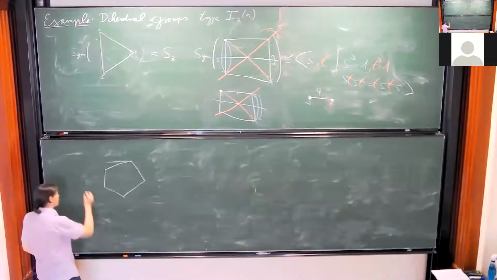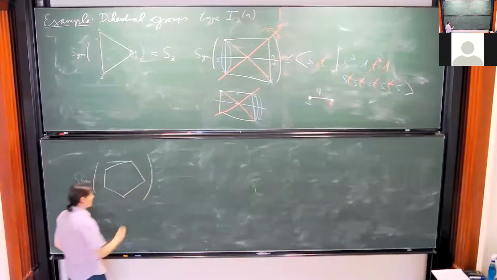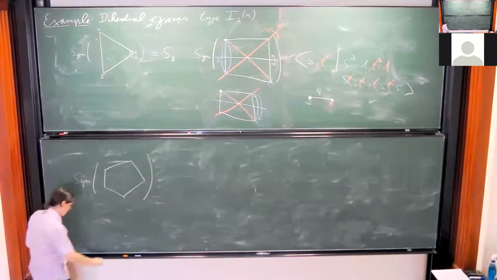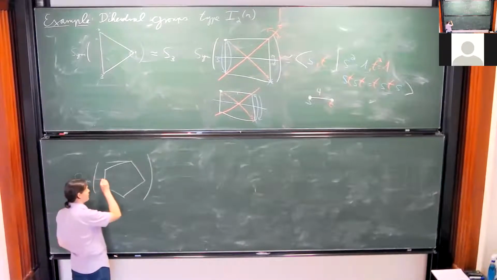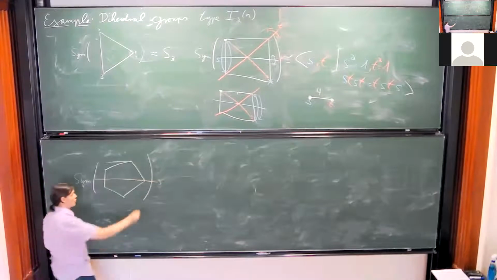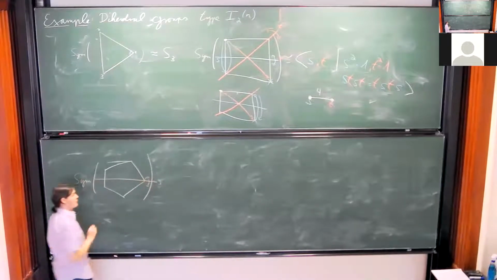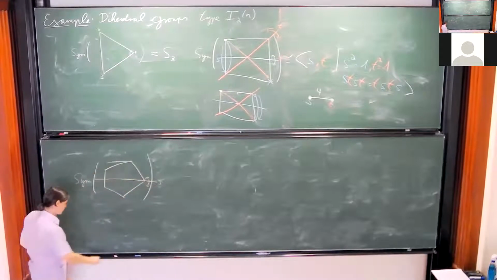Again, I want to know the symmetry group of this guy. And I would take a reflection here, let me call it S. The first operation is to reflect on this axis, so it would fix this point and would exchange those two, for example.